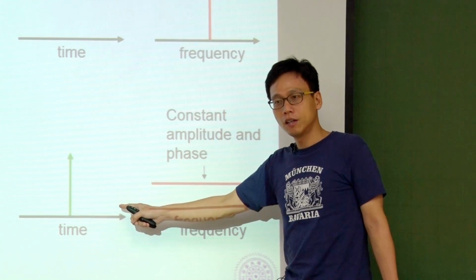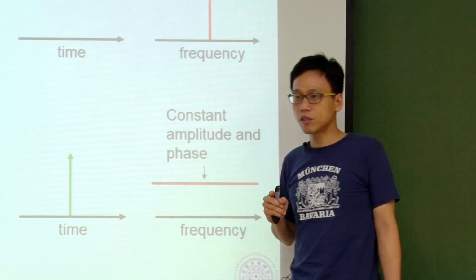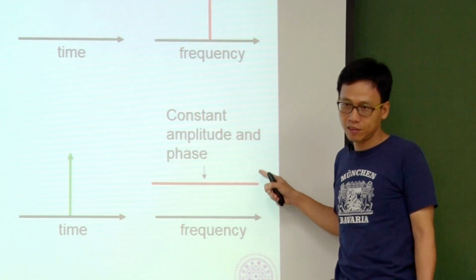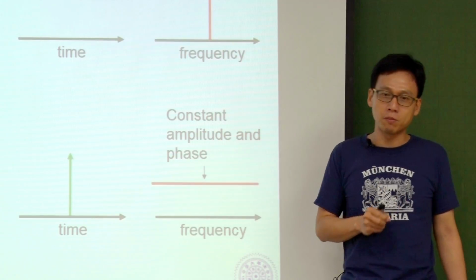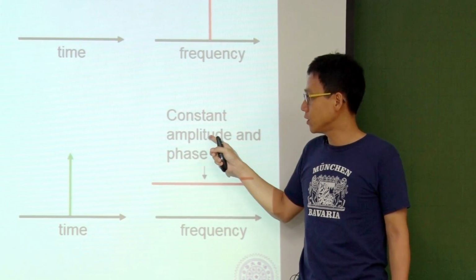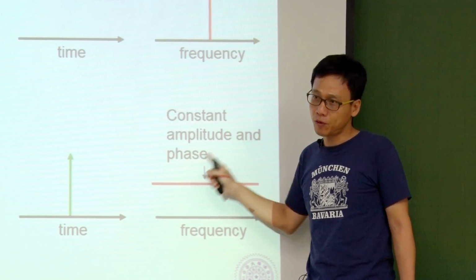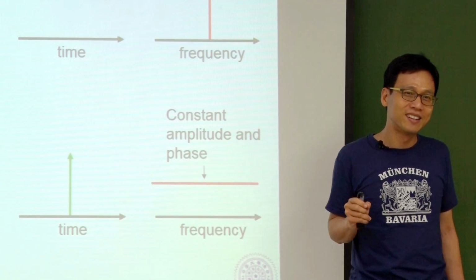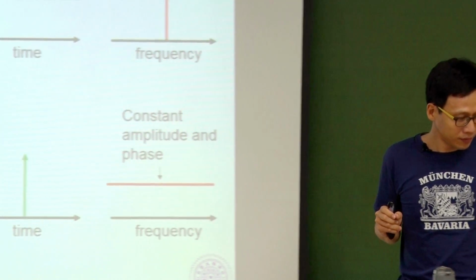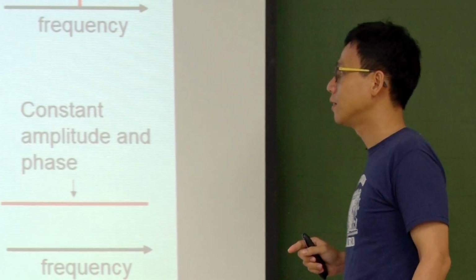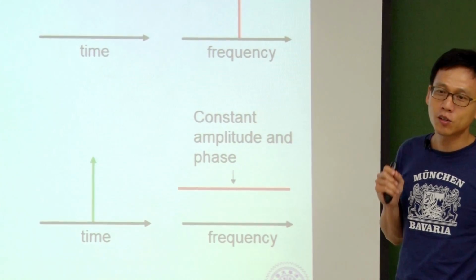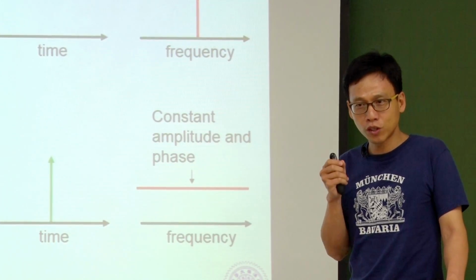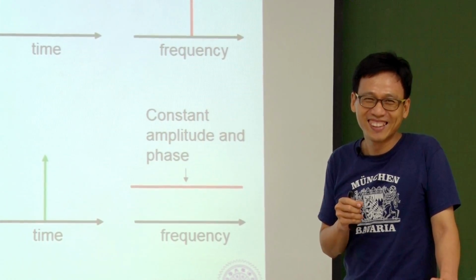So the Fourier transform of a delta function in the time domain is a constant in the frequency domain, but this constant simultaneously means it's constant in terms of amplitude and phase together. Okay? This simple figure already tells us how to generate a short pulse.